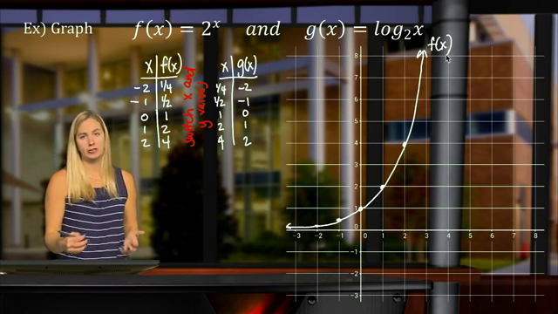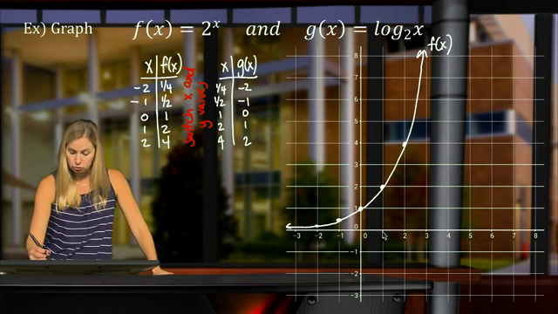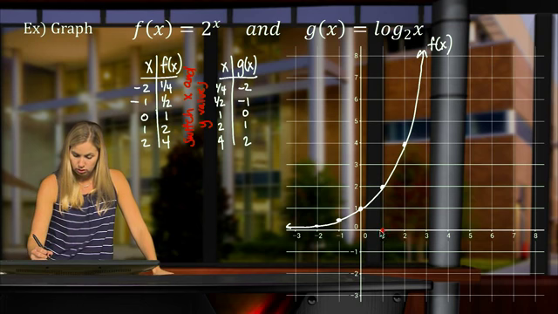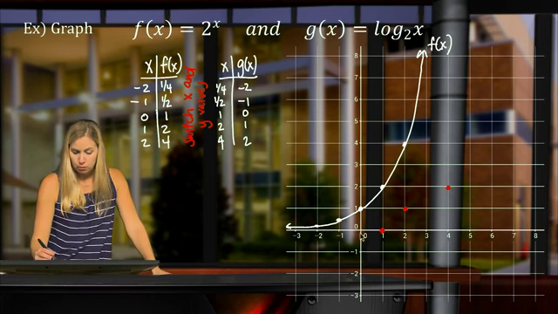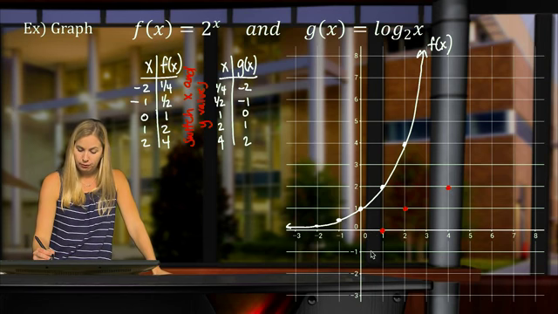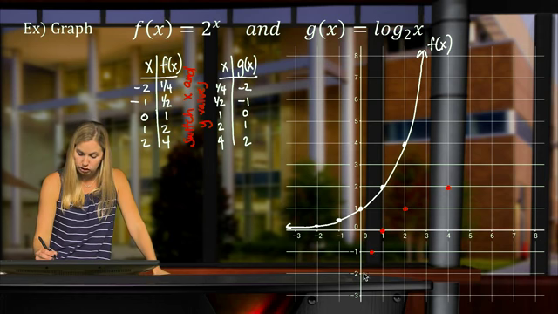Now in red, I'll graph g of x, which is the inverse. So we have a point, I'm going to start with the easy ones, 1, 0, 2, 1, and 4, 2. And also over 1/2 down -1, so 1/2, -1 and 1/4, -2.